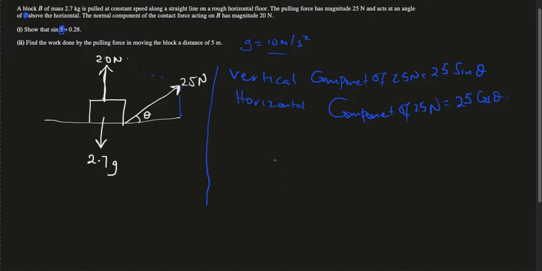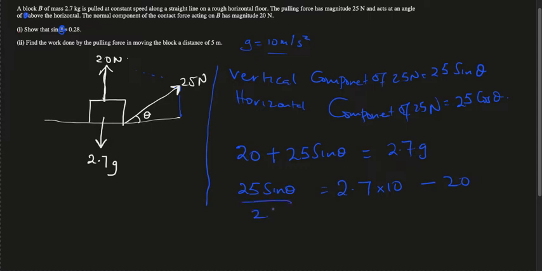Since the downward forces are equal to the upward forces, we shall say 20 plus 25 sine theta equals 2.7 g. Let's make sine theta the subject. So 25 sine theta is equal to 2.7 times 10, because g is 10, minus 20.